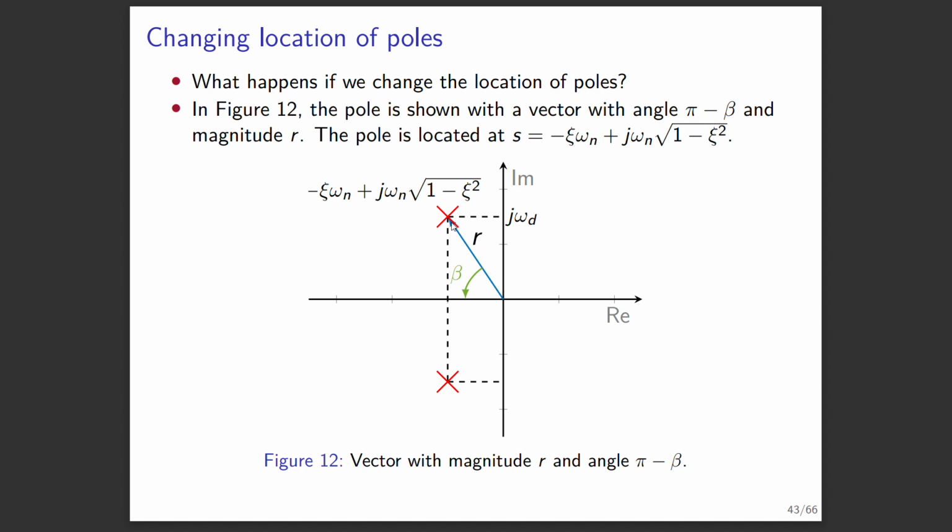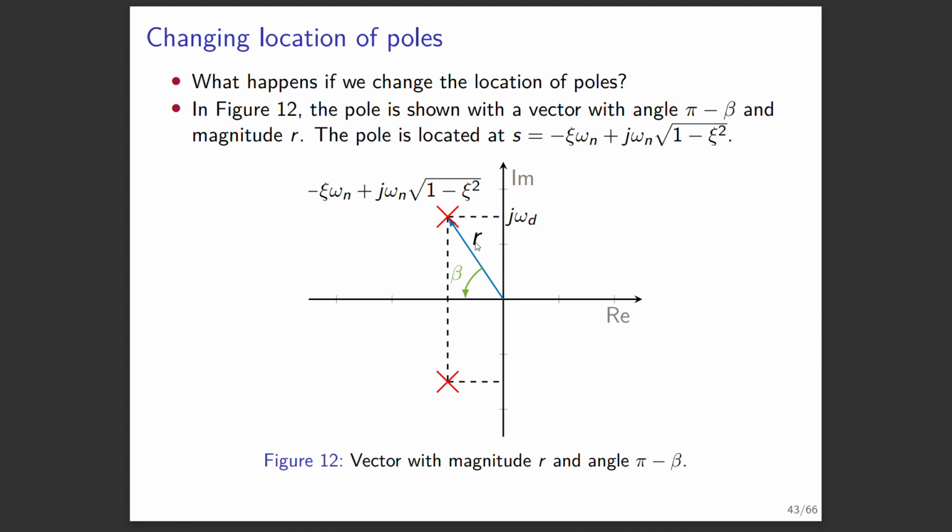So r squared is this squared plus this squared. What's this thing here? Well, the pole is negative zeta omega n plus j omega n square root of 1 minus zeta squared. So this is negative zeta omega n, and this is omega n square root of 1 minus zeta squared.